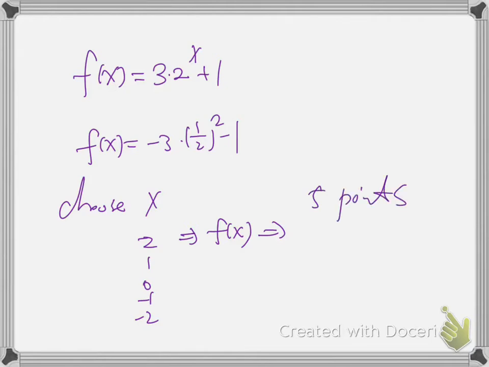Plot the points, you can get the picture. Here something is wrong, this should be x. There's x here. If a is bigger than 1, the graph should be something like this, going up. And this one, a is between 0 and 1, so it is going down like that. So that's the graph part.